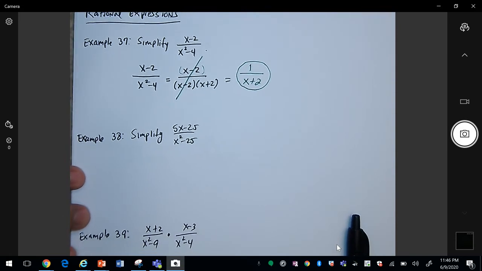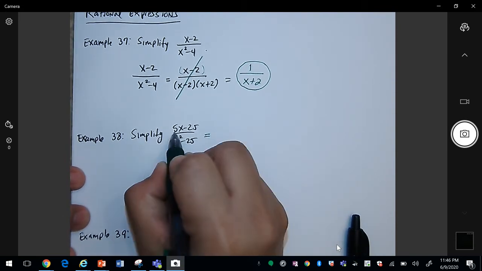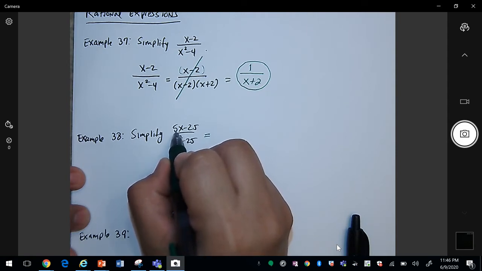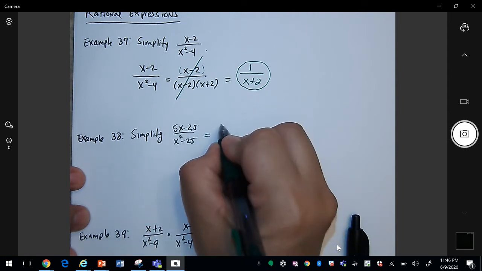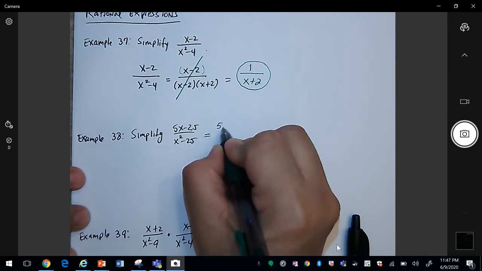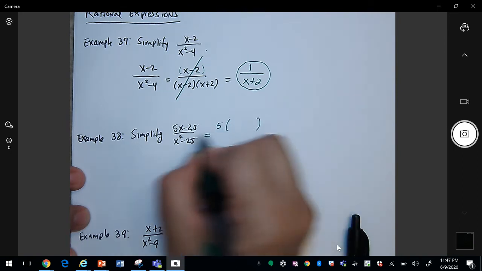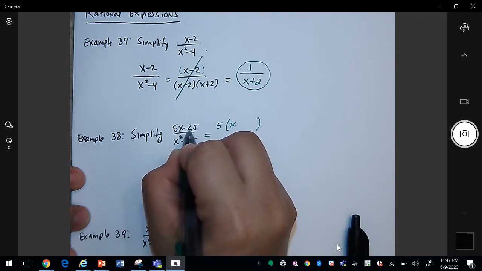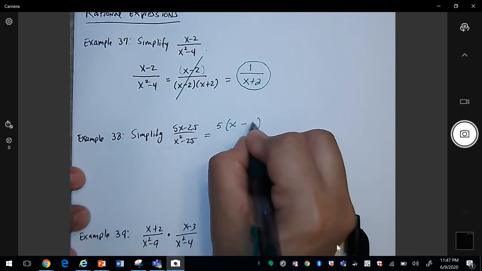Example 38. So again, first, we want to factor out any terms from the numerator. So here we have a 5 and a 25. So the greatest common factor would be 5. If I factor out a 5, I'm left with x. And if I factor out a 5 here, I'm left with negative 5.